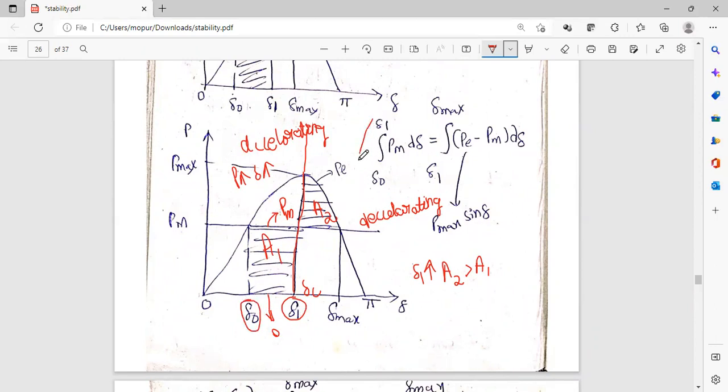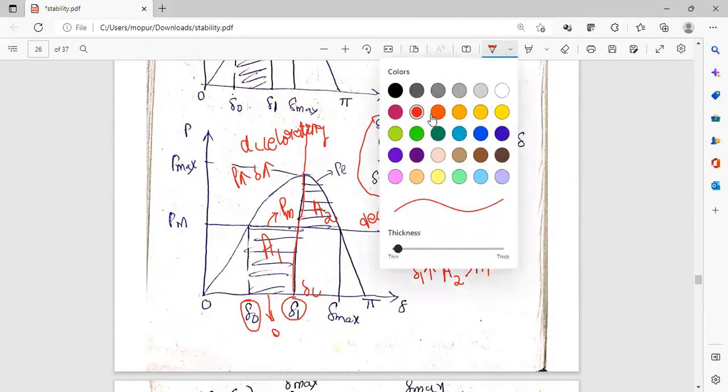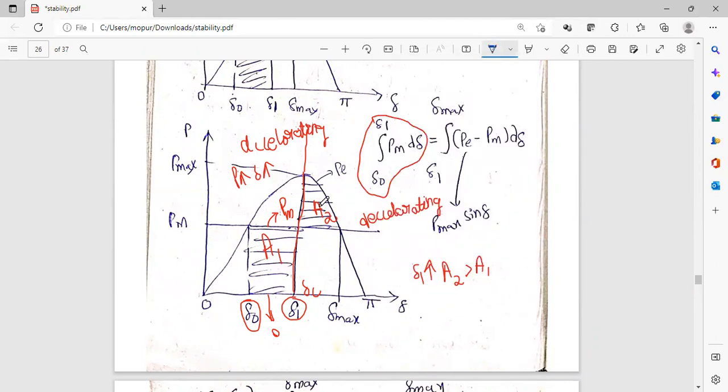That is this term. And then here we had this curve, upper PE, and the lower part of the curve is actually PM. And the limits are del 1 and del max.